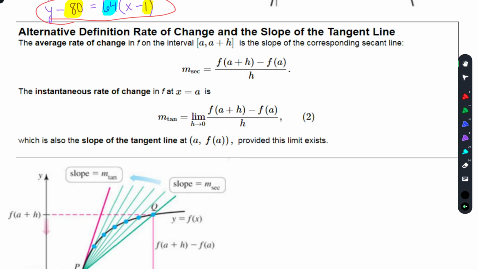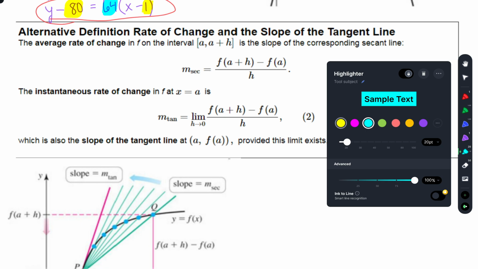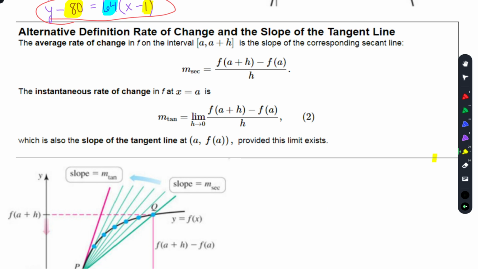This is a different formula. This one is actually better, believe it or not, because in the next unit, we're going to find equations for tangent lines, which is kind of wild. But essentially, the way they think about this, instead of it being like a separate point, you know how this was like f of x before?